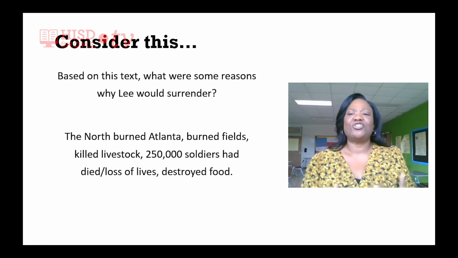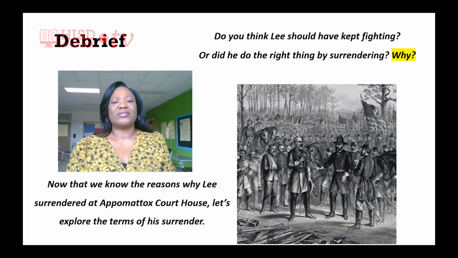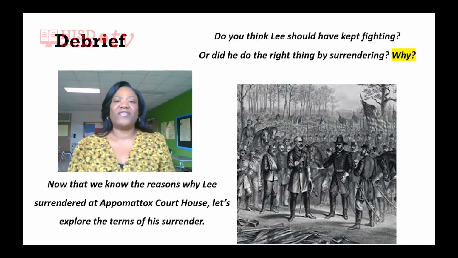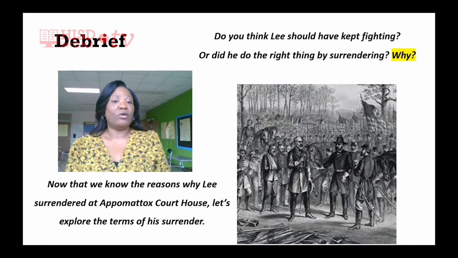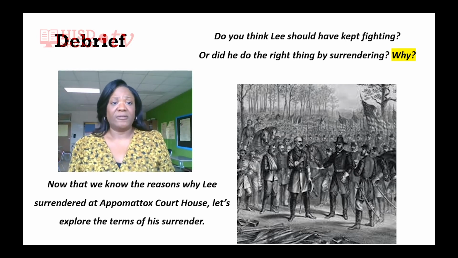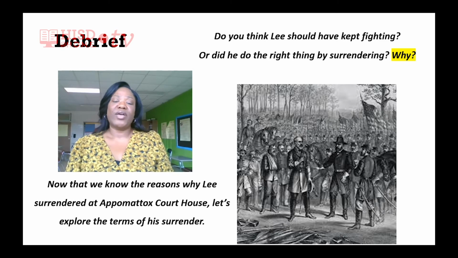They destroyed the food. Really, what other choice did he have? Why do you think Lee should have kept fighting? Or do you think he should have kept fighting? Did he do the right thing in surrendering? Well, based on what we just read, it looks like there really wasn't any choice.